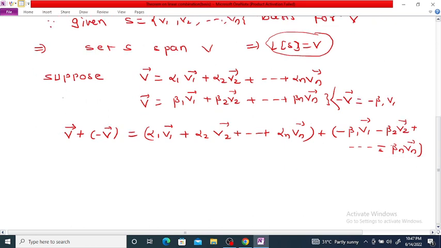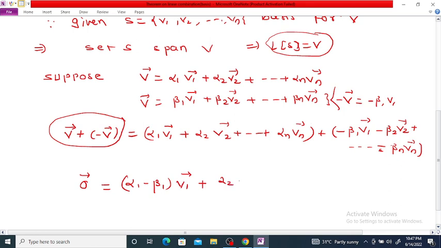But what is V bar minus V bar? The value on the left hand side is 0 bar. So 0 bar is equal to (alpha 1 minus beta 1) V1 bar plus (alpha 2 minus beta 2) V2 bar, by using which property?